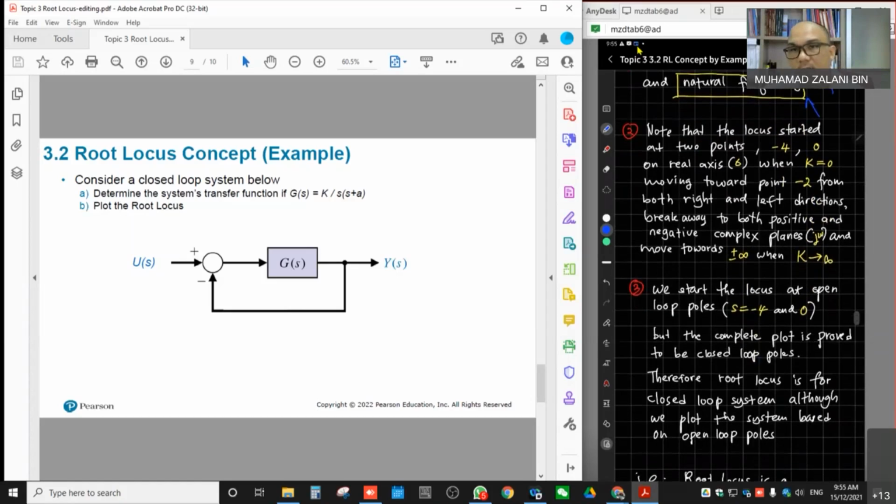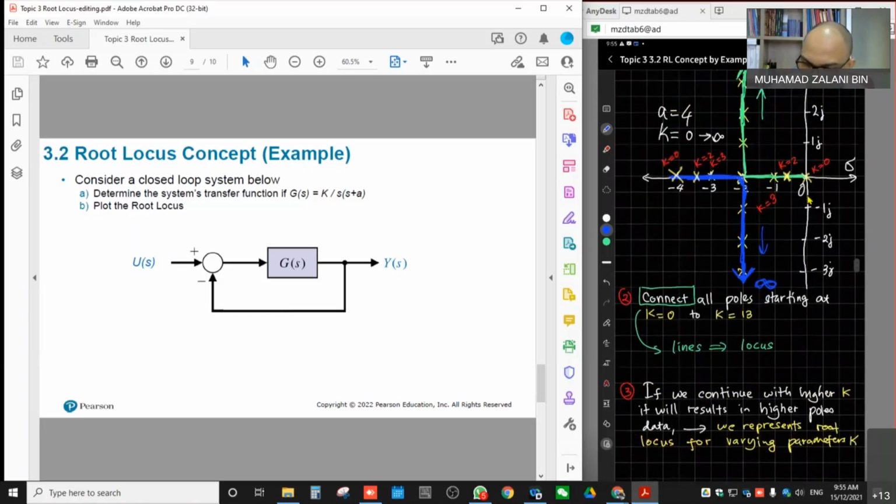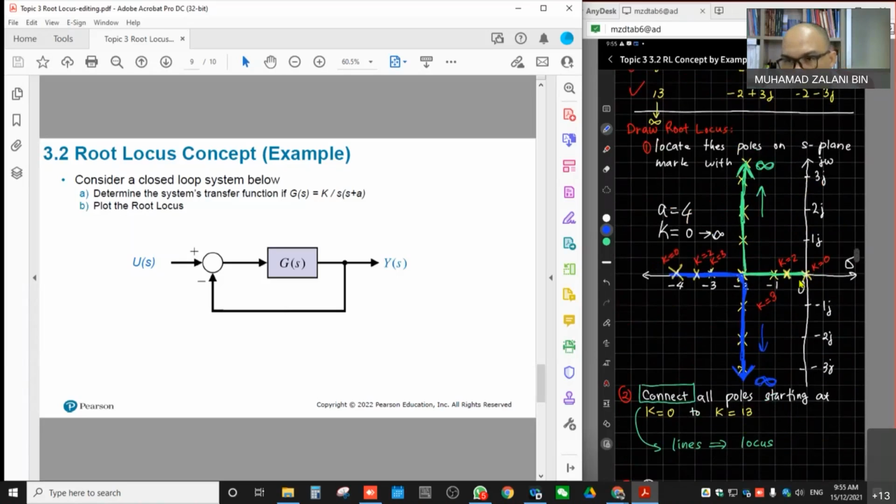Okay. The second one, note that the root locus started at 2 points, which is -4 and 0. Okay, it started from 0 and -4 when K equals to 0, right? On the real axis, and moving toward point -2, sehingga -2 dekat real axis ni, dia daripada kosong, daripada -4 dia pergi ke arah -2, point -2 dekat real axis.